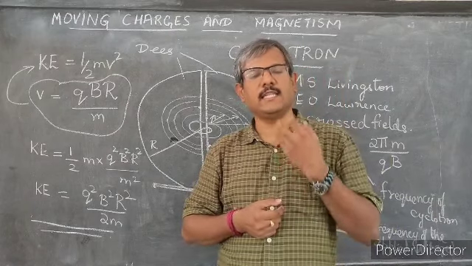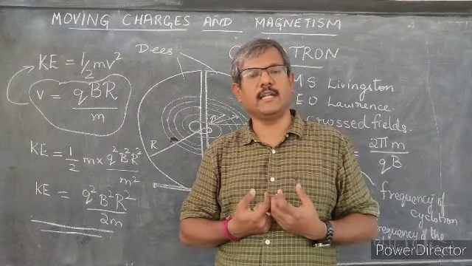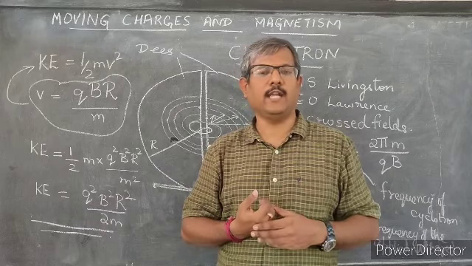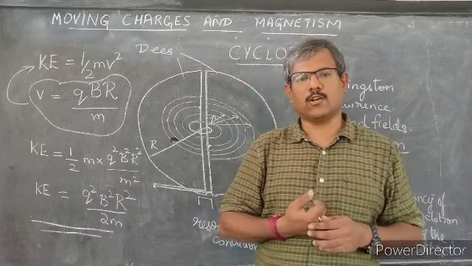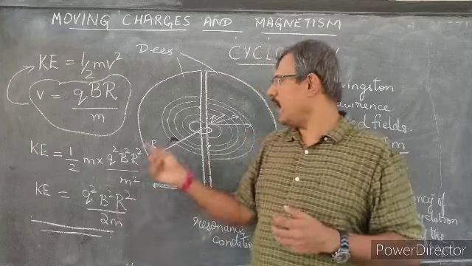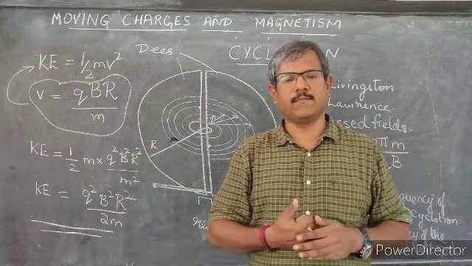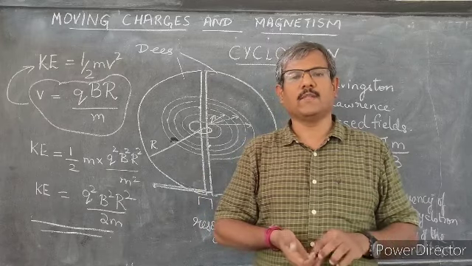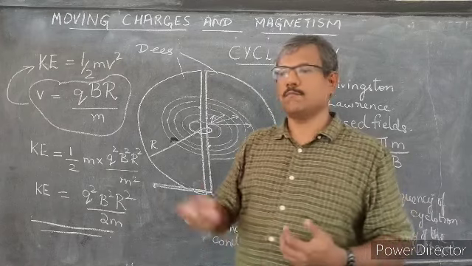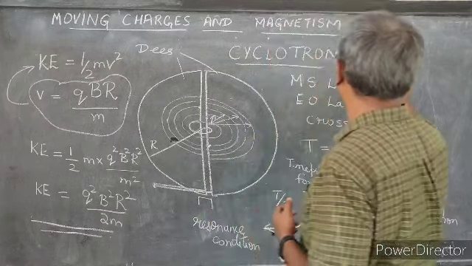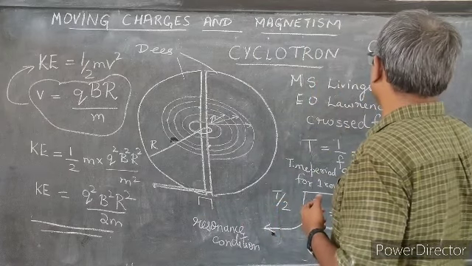That basic reason for which the cyclotron was invented is still very much valid today, and today we have huge cyclotrons wherein the radius R goes up to several miles, like the one we have in Switzerland at CERN.